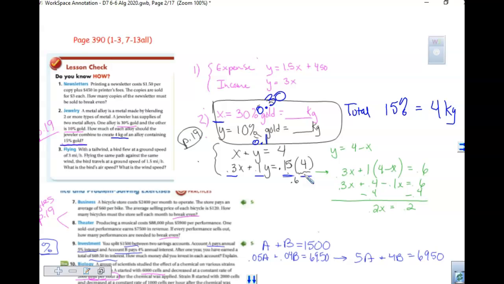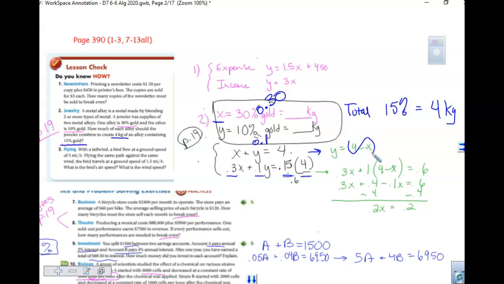You wrote the equation, and then you didn't really show me how you solved it. So I said I'm going to use substitution. I'm going to put y equals, so I subtracted x from both sides. I went to this equation, and I replaced my y with 4 minus x.